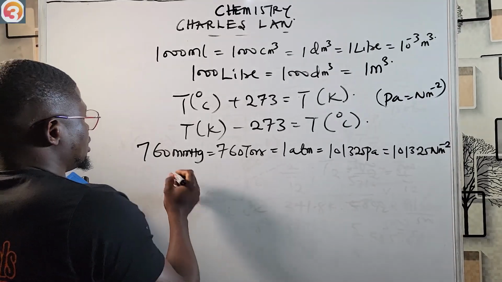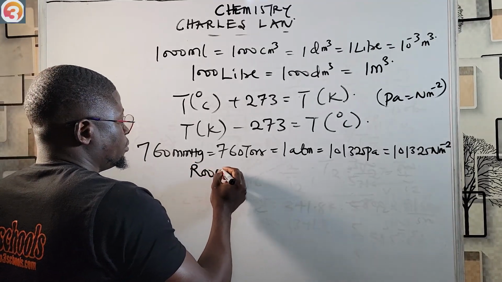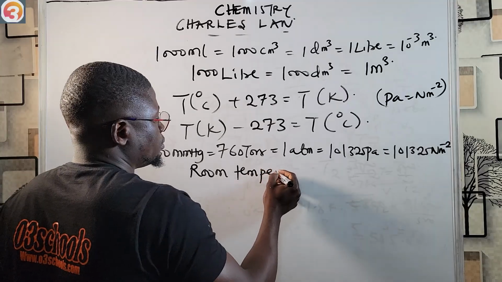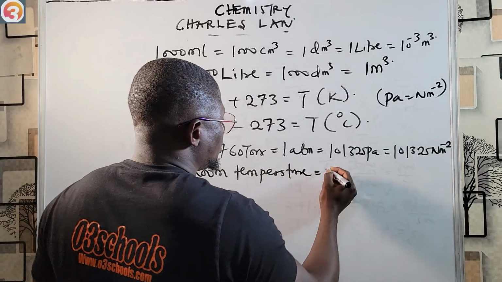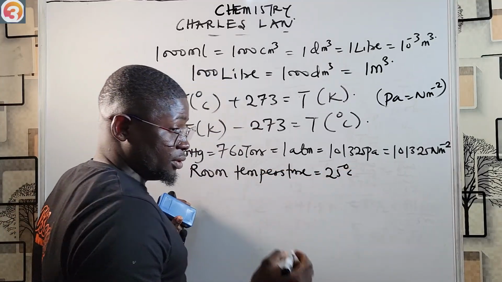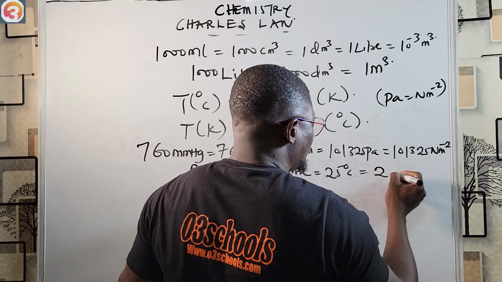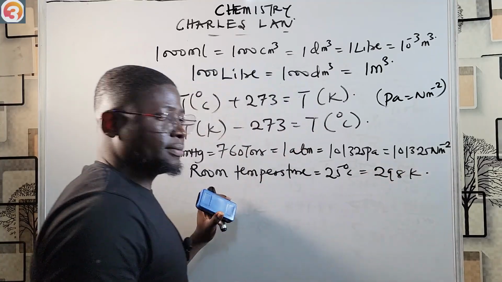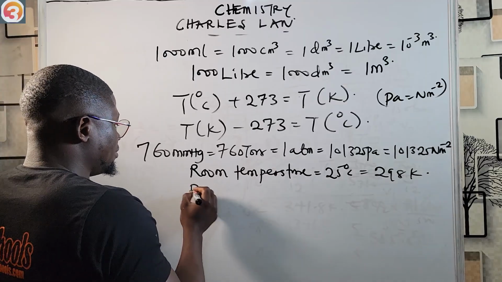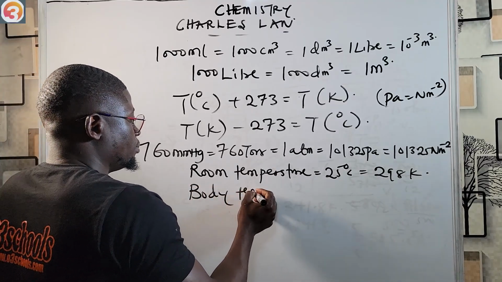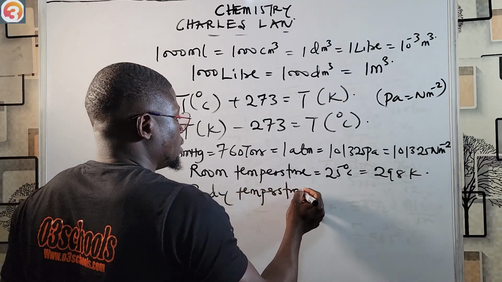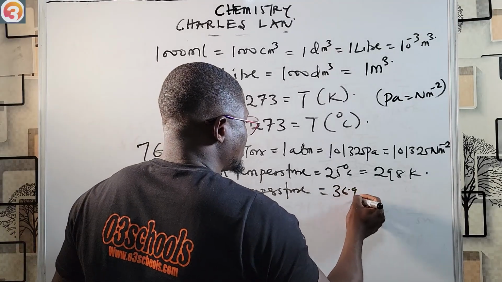All right. So there's something called room temperature. Room temperature is what? 25 degrees Celsius. Know it. And this is equal to what? 298 Kelvin. All right. Then body temperature. Body temperature is 36.9 degrees Celsius.